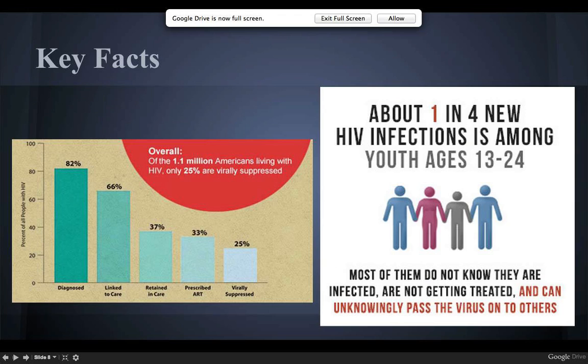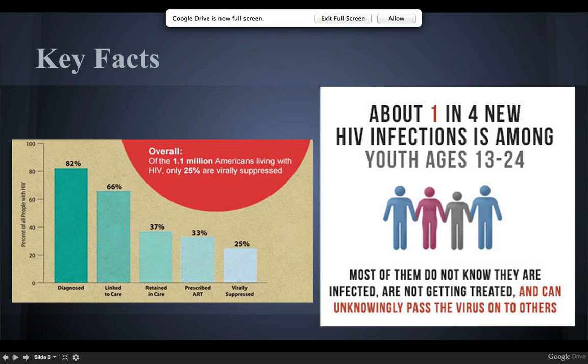So the key facts about HIV. Overall, 1.1 million Americans are living with HIV, but only 75% of people can stop it.